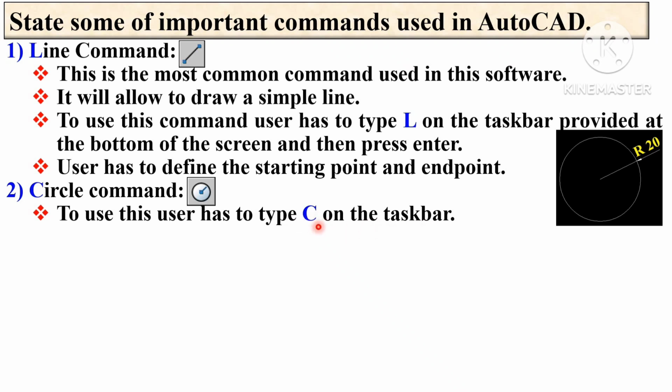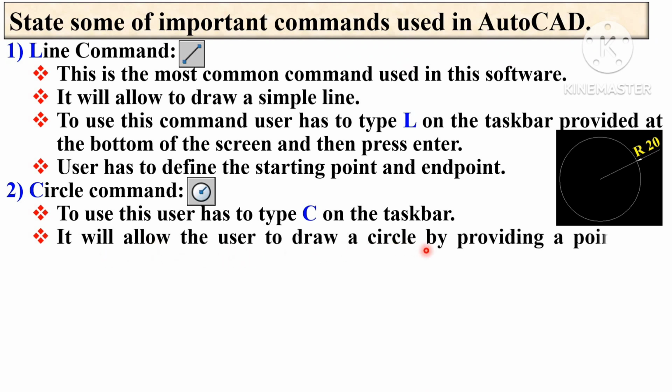Again, this is the short key to execute the circle command, like we have seen L for the line command. So for the circle command, C is the short key. Simply type C on the taskbar and press enter. It will allow the user to draw a circle by providing a point and then the radius.